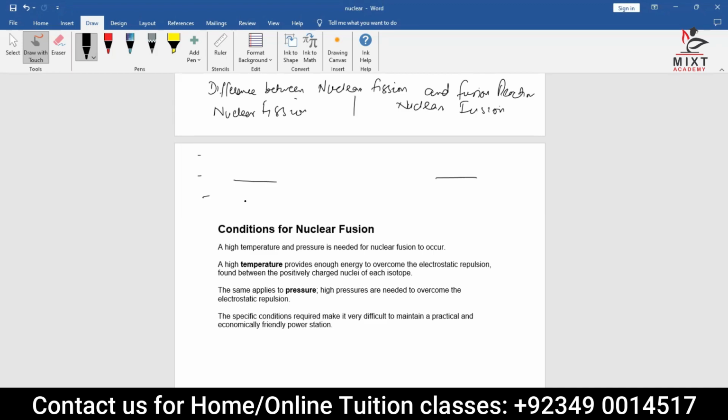And on the other side, fusion reaction will be two smaller nuclei fuse to form one heavy or big nucleus. Second one will be the equation. What about the third one?